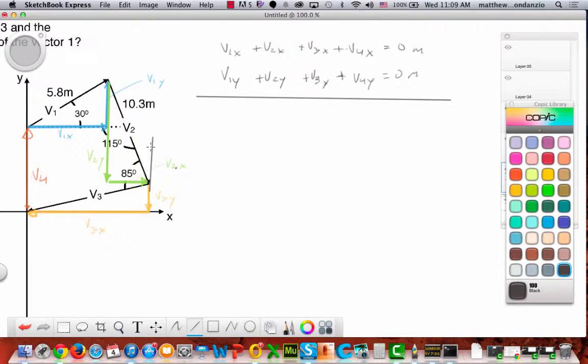Hold on. I keep doing this. There's a way of doing this, and I keep forgetting how. Sorry, guys. That's 85. That's 90. There's a way to figure out this angle here, from here to here, because we know that this is 90.